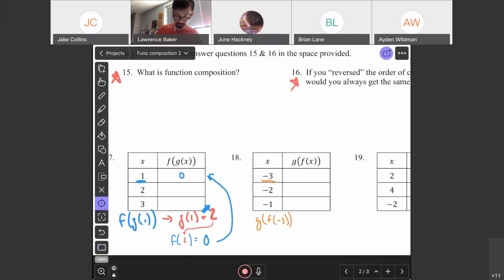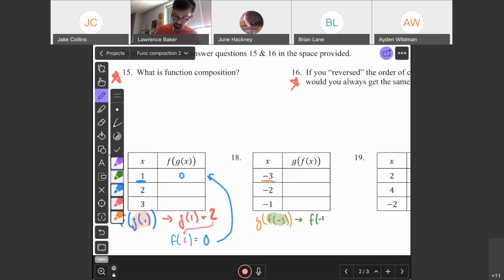What was the first thing I did? Oh, find g and f. The first thing I did was the inside. Right? That's where I started. So where are you going to start? F. Okay. So I want you to find what? F of -3?